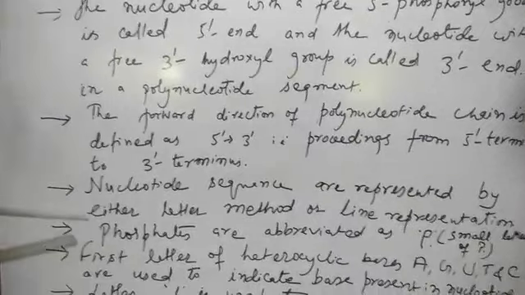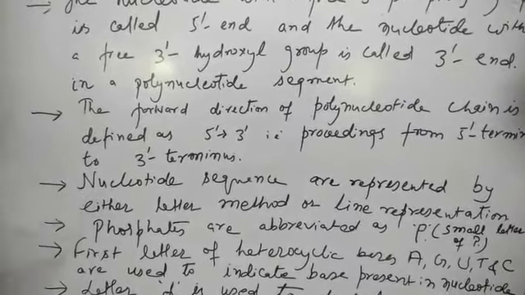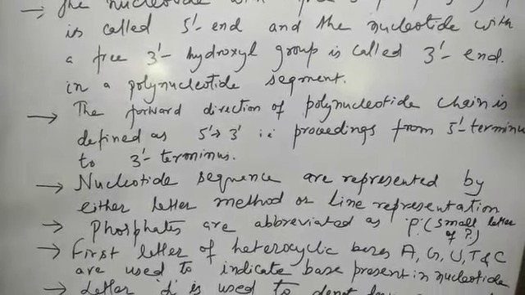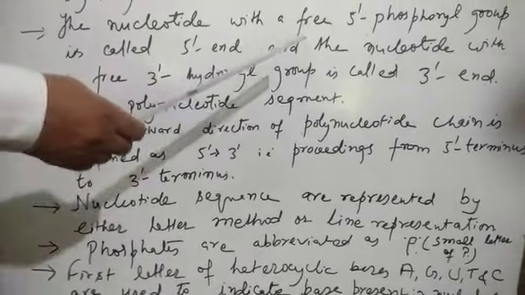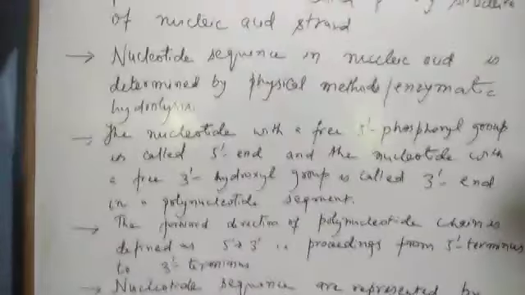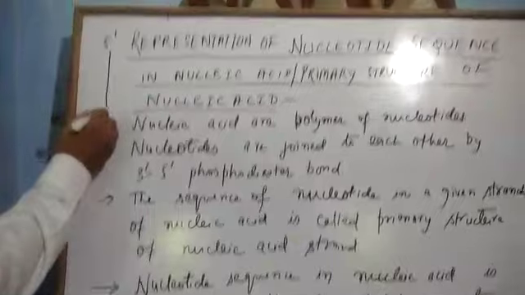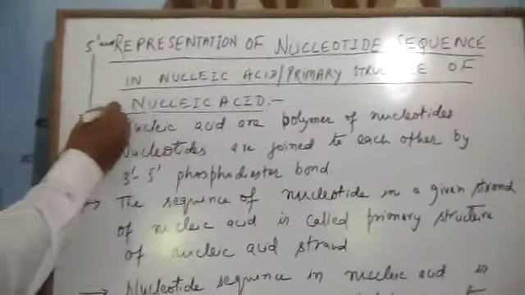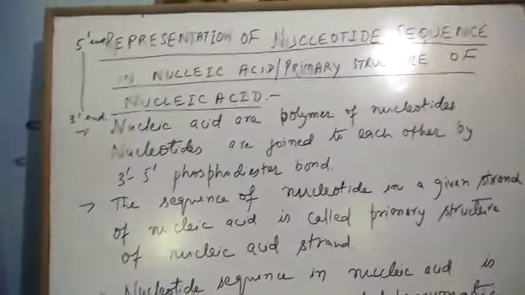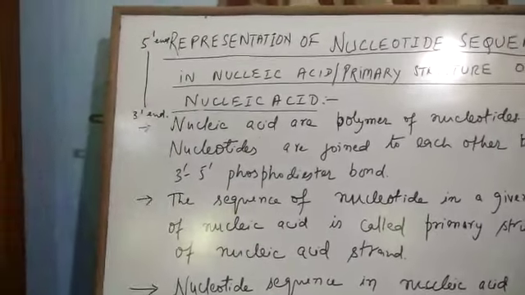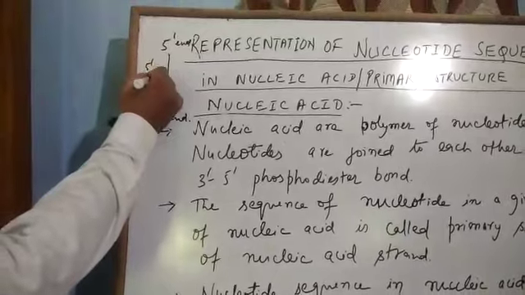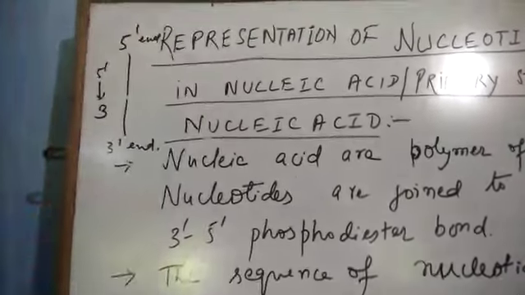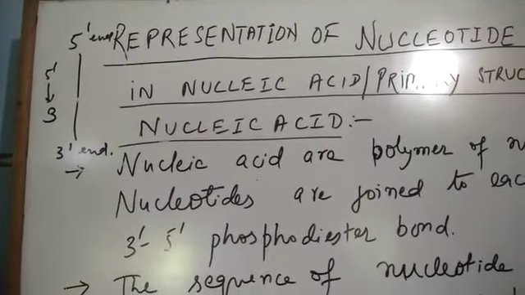Now how to represent it? Suppose you have a strand of nucleotides, you have a 5' end and a 3' end. Obviously you have two ends, and the proceeding is from 5 prime to 3 prime.